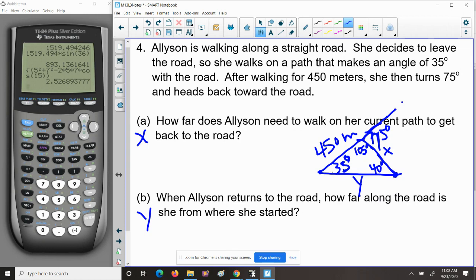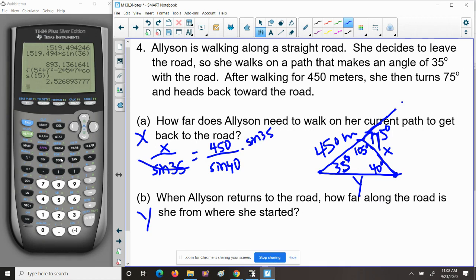And we have 35 as the angle opposite. We have 450 as a side, and we have angle 40 as the angle opposite. So let's set this up. x over sine of 35 equals 450 over sine of 40. To solve for x, we're going to have to multiply by sine of 35.